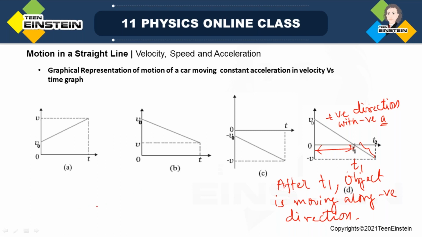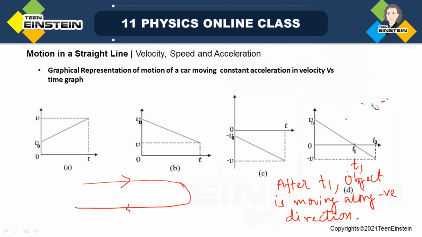I can give you a simple example. Suppose a car is moving in a path with constant acceleration, then it takes a U-turn and goes in the opposite direction. This is represented by this particular curve D. In curve D, there is a turning at t1 second.